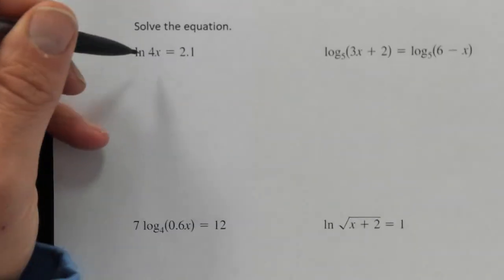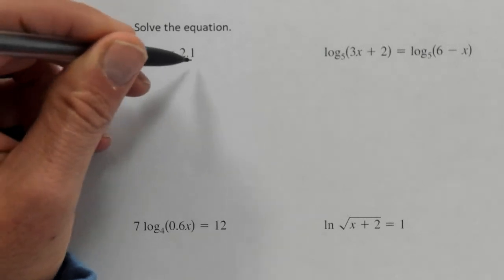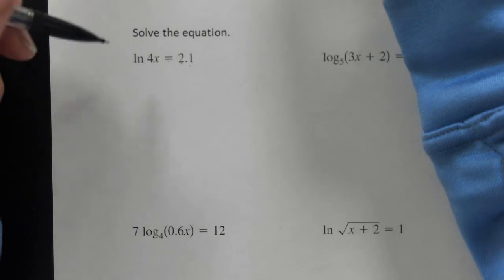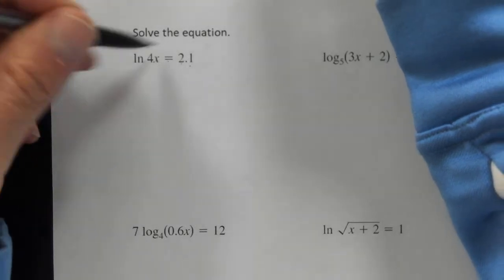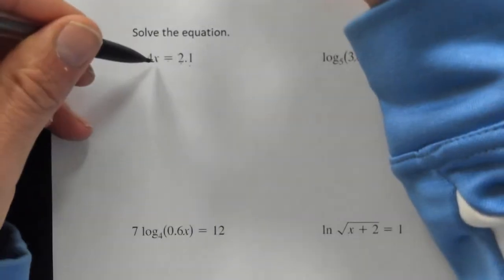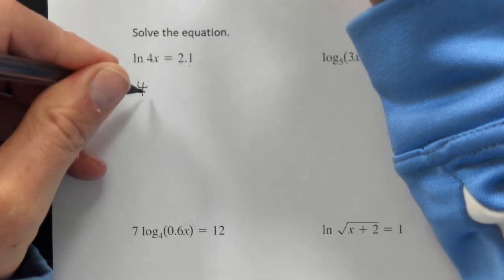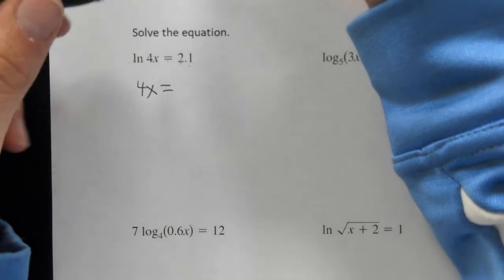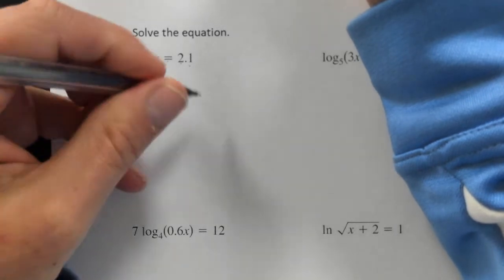So the first one we're looking at is the natural log of 4x equals 2.1. At this point, the first thing that I want to do is rearrange this. So this 4x, I'm just writing that first because I like my x to be on the left-hand side, is equal to the base, which is e, raised to this power, which is 2.1.